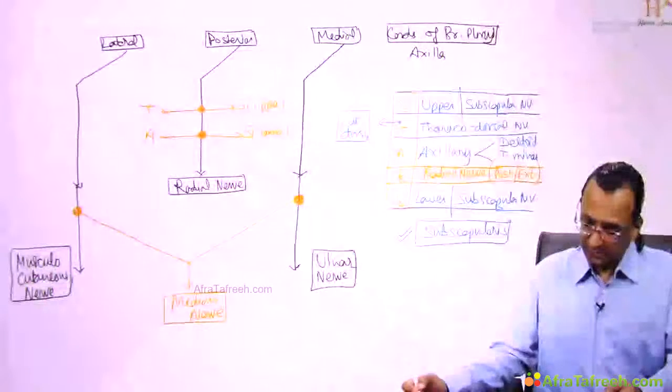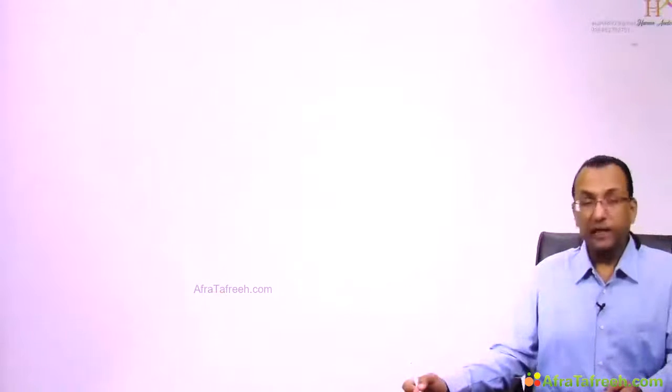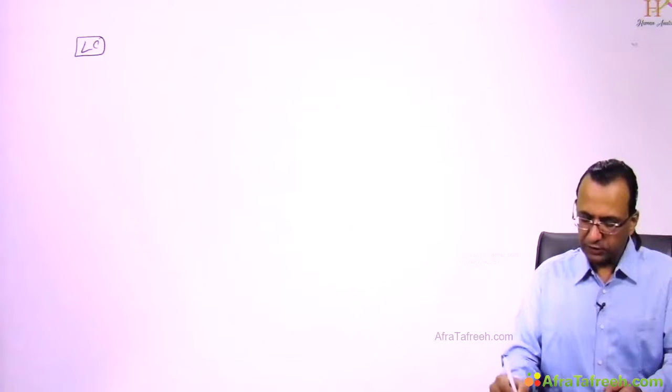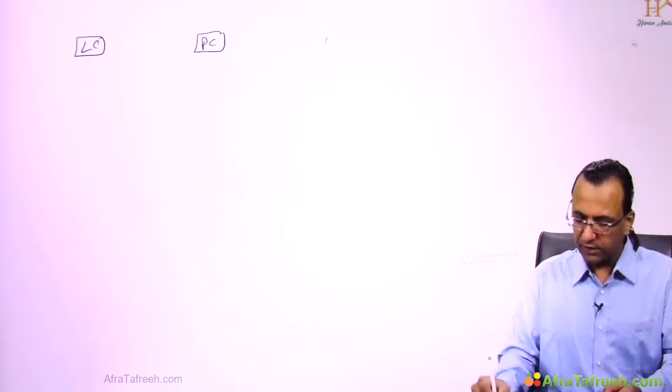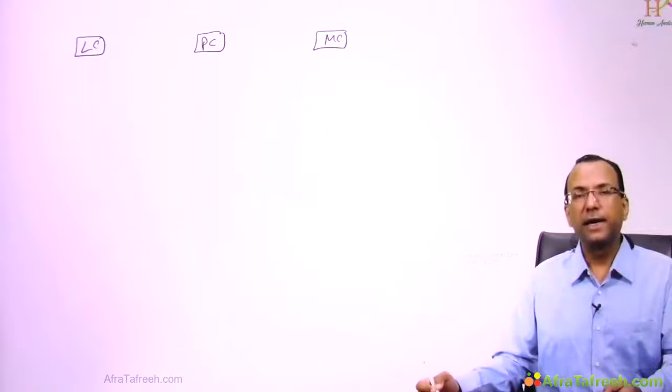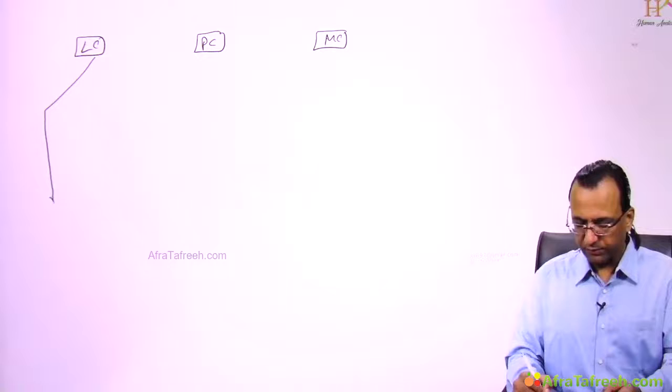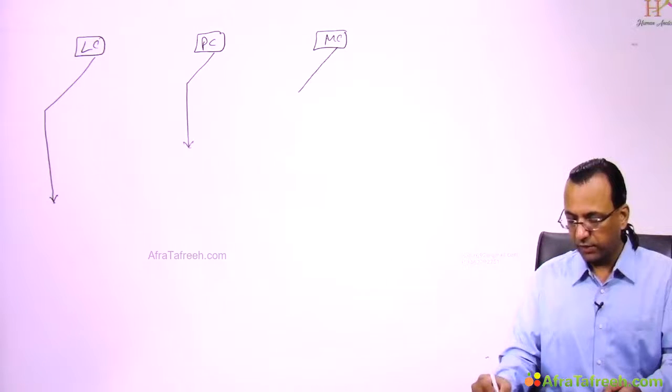As you draw the diagram, you will see some branches in the axilla. But first you have to talk about the cords. There will be a lateral cord of the brachial plexus, a posterior cord, and a medial cord. The lateral cord continues as some nerve, the posterior cord will continue as another nerve, and the medial cord will continue as another nerve.